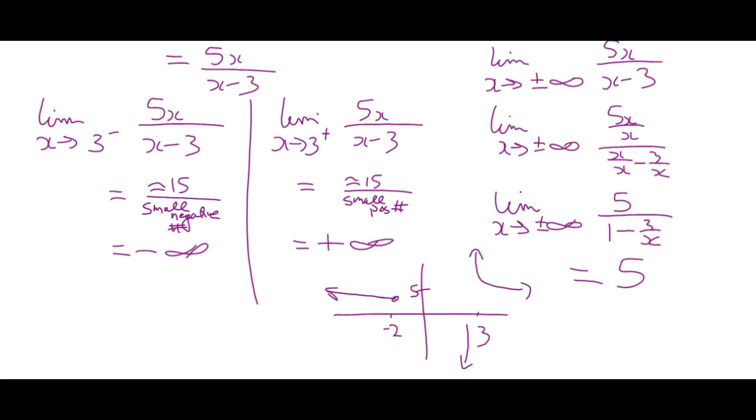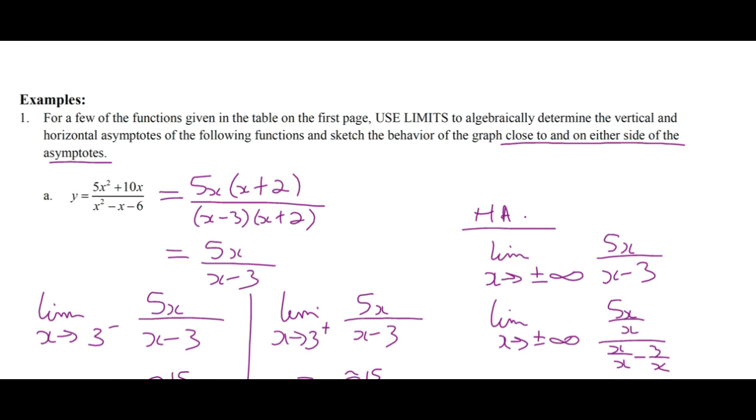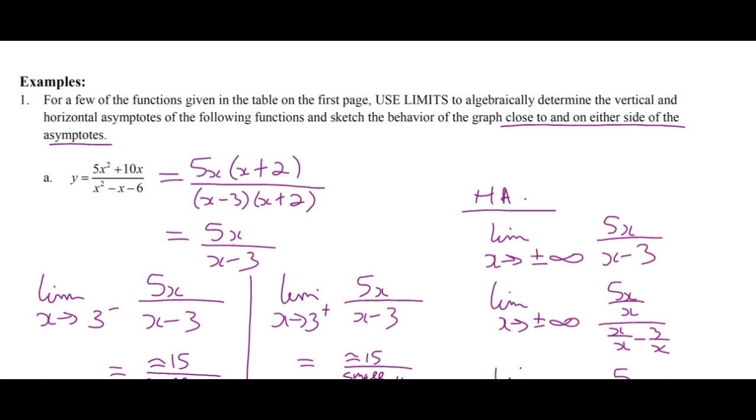And I guess if we want to, I'm not really sure what's happening in here, okay? But we're not really interested in that, right? We're interested in what's happening as we go to infinity and negative infinity, and what's happening as we approach the value of x equals 3. Okay, that we're going up there and down there. So again, we're just looking close to and on either side of the asymptotes, right?